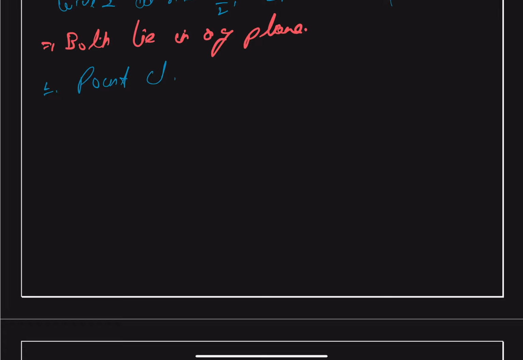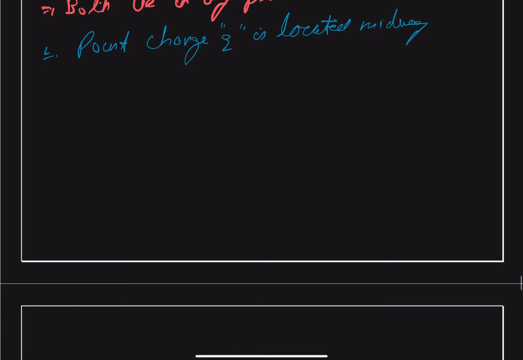Point charge Q is located midway between the wires, that is at x equal to 0, or we can say the origin.